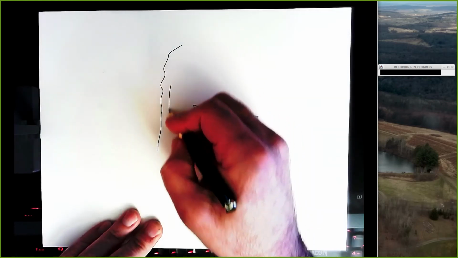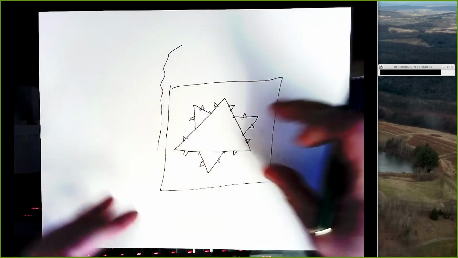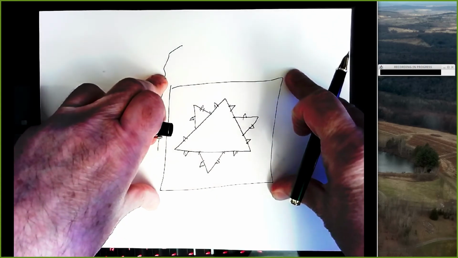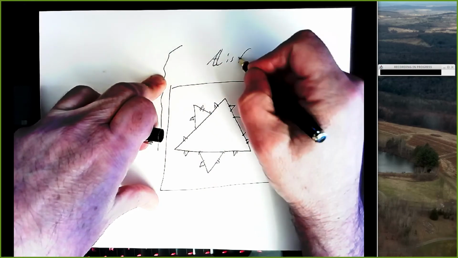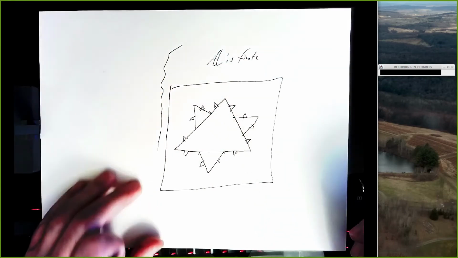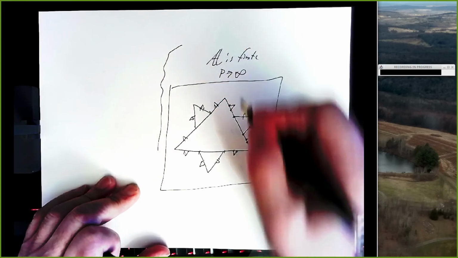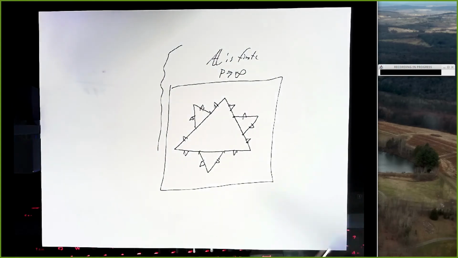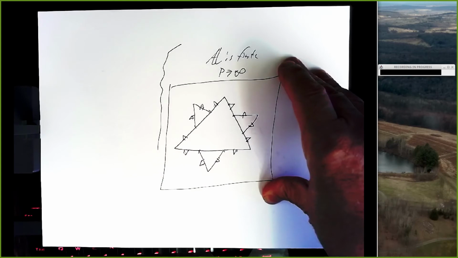And no matter how many times you do this and how many little spiky spikes you add, this shape is always contained inside this box. So the area is finite. But as you continue doing this, the perimeter approaches infinity. It grows without bounds. And so here's a shape that you can draw that has finite area but infinite perimeter.